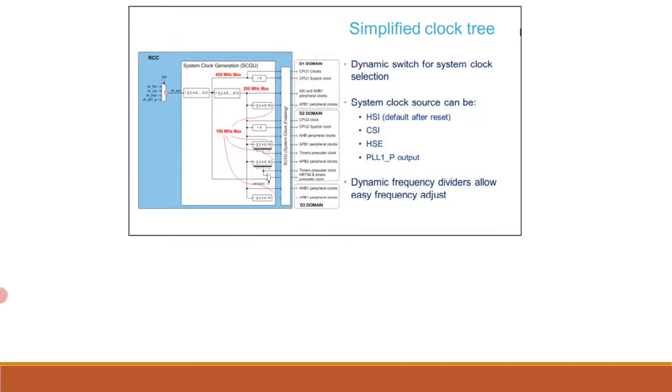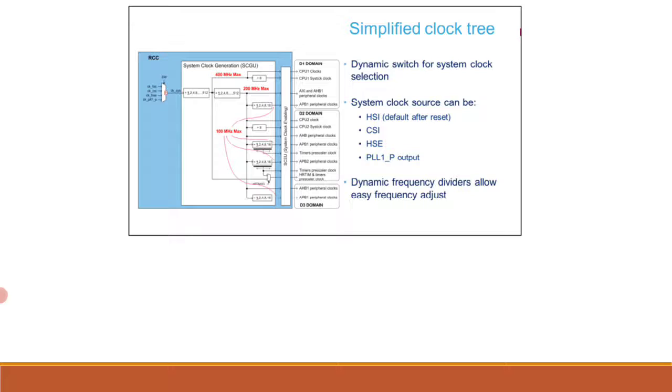In addition, all the prescalers presented in the figure are dynamic, so they can be changed on the fly as well. They are marked in red, making the frequency scaling operation very simple.